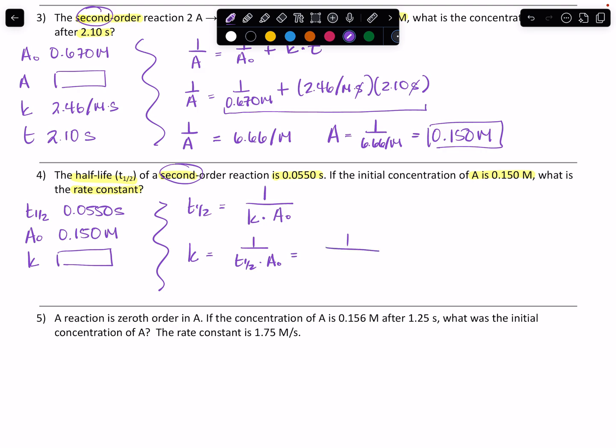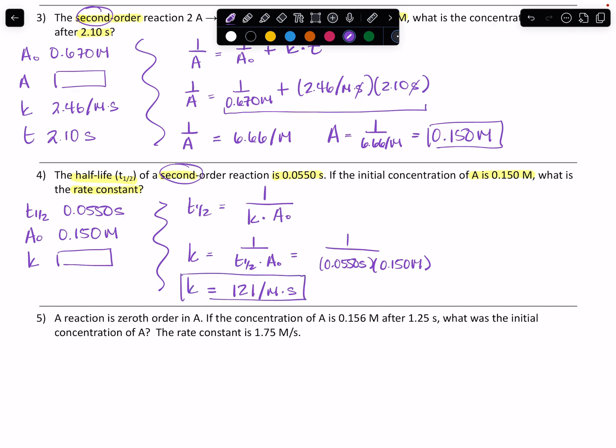So I end up with 1 over 0.0550 seconds times 0.150 molar, and I end up with 121, and the unit here would be per molar per second, which is second order, so that is a reasonable unit.